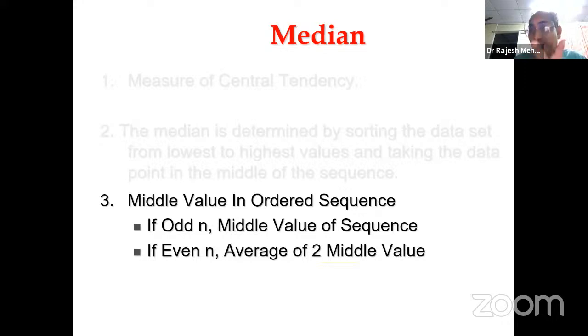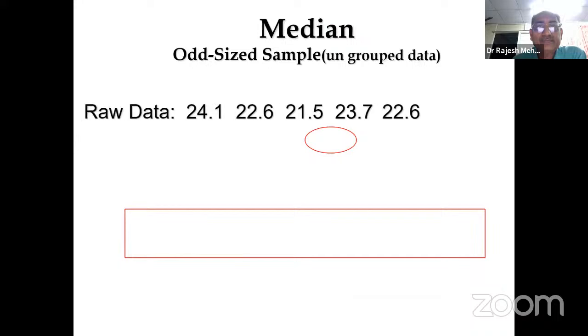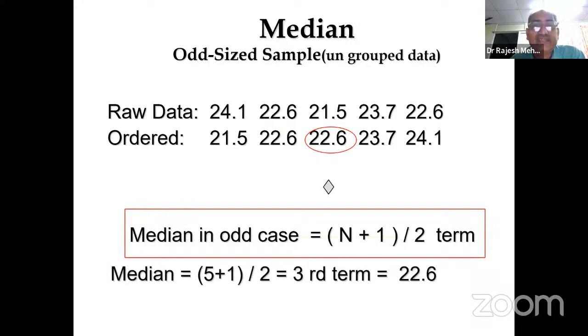But if there are two middle values, you take the average and that will give you the median. So the mean is affected by extreme values, while the median is not affected by extreme values because it is the middle value. While the mode is the most frequently occurring value.